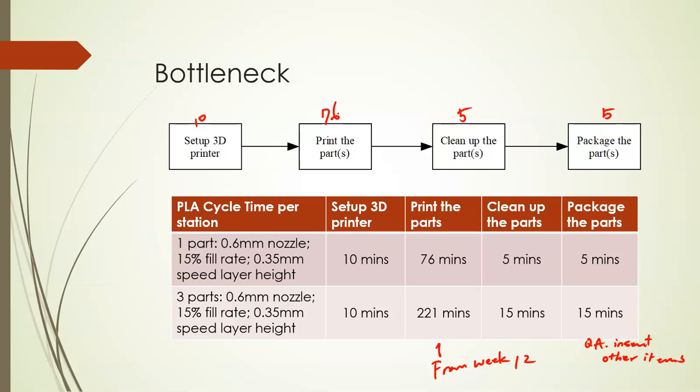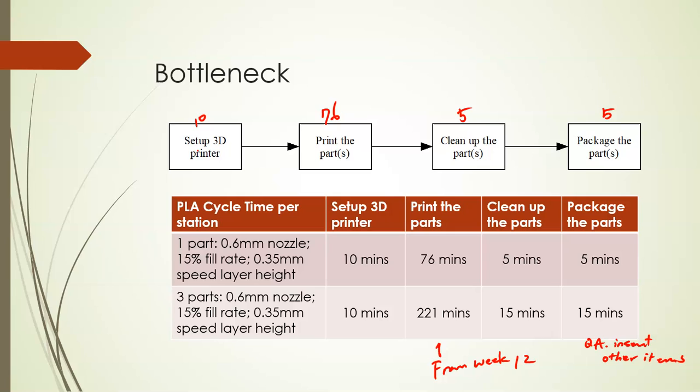So what does that mean? Anything behind the print parts step is waiting for the part to be printed. If you have an operator over here waiting for the part to be printed, he basically is not doing anything. 76 minutes waiting until he can do anything.